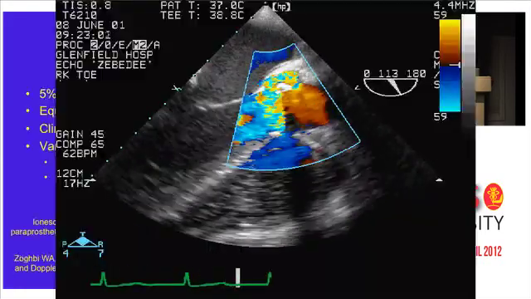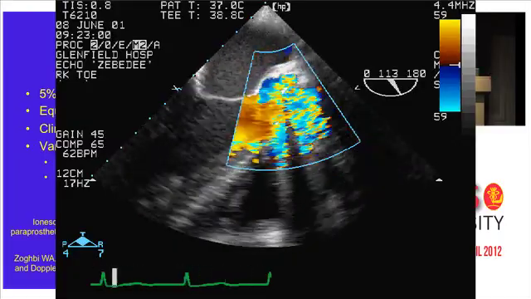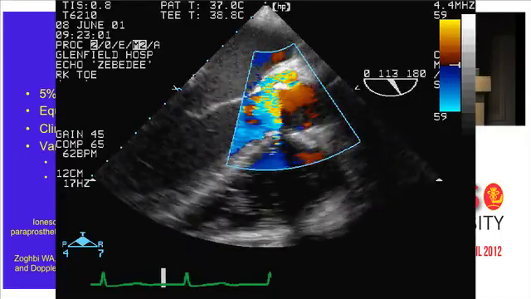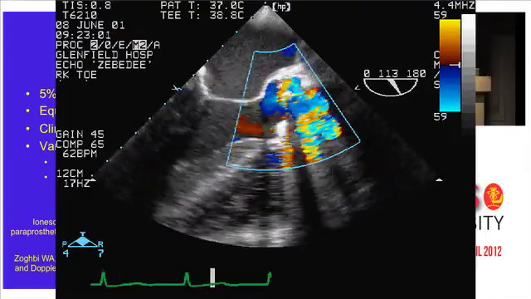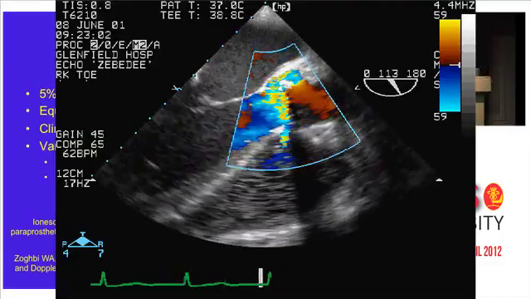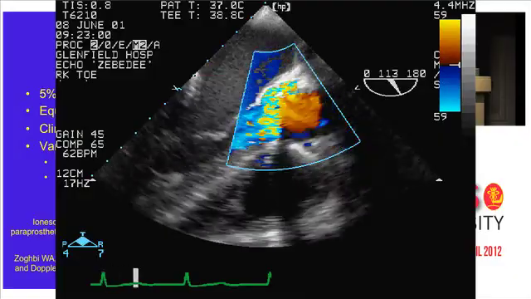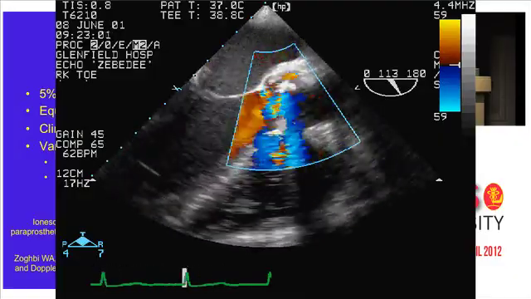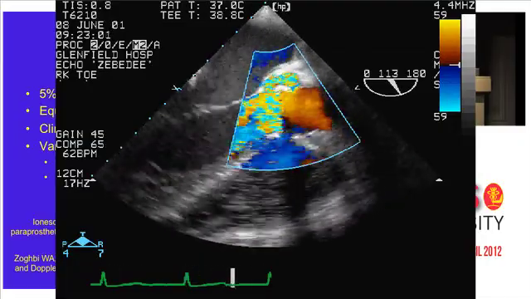Now, if you look at the few papers published, between 5 and 20% of prosthetic and bioprosthetic valves may have paravalvular leaks and may be discovered intraoperatively. And between the mitral and the aortic valve, the two most common valve replacement procedures, it is more or less equal. But the question is, this specific paravalvular leak that you see when you come off bypass, is it clinically significant? Is it going to make a difference?